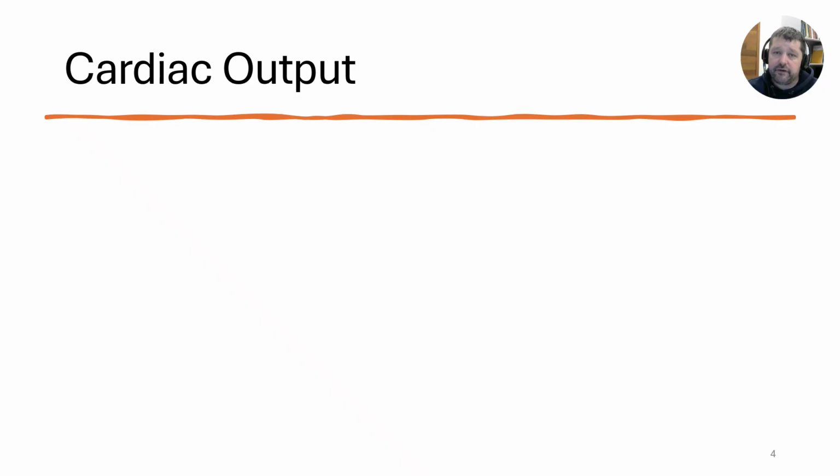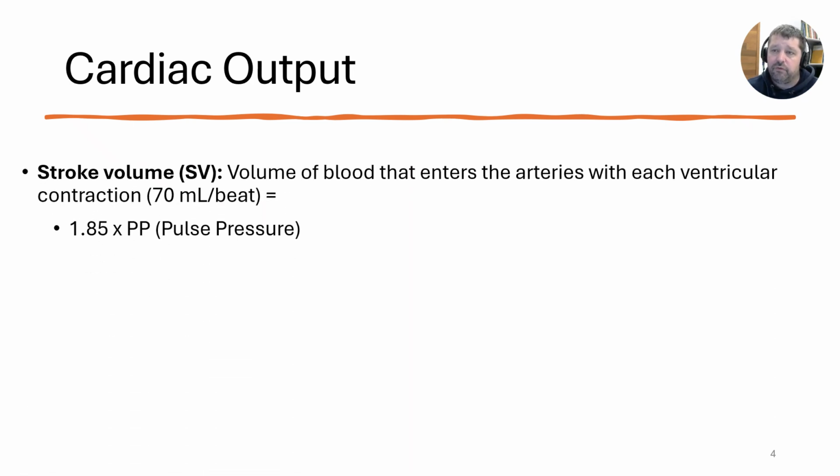All right, other values that are needed and useful when we are talking about functionality of the cardiac system. One thing that we can calculate is the stroke volume, or the amount of blood that enters the artery with each contraction of the ventricle.